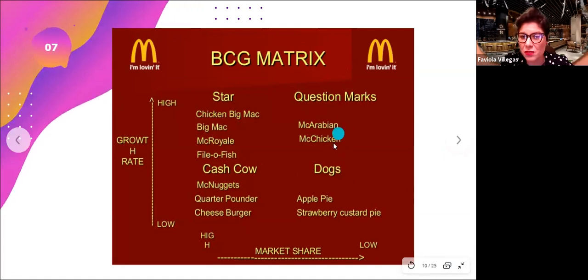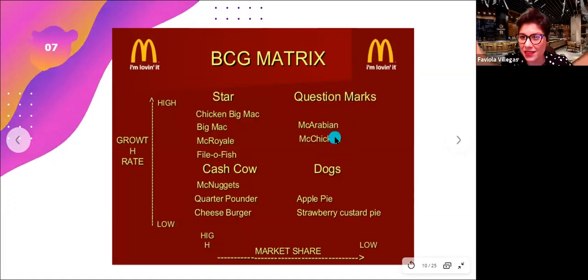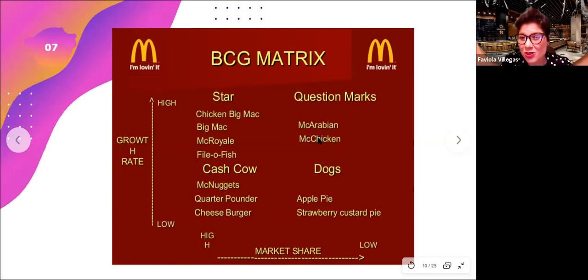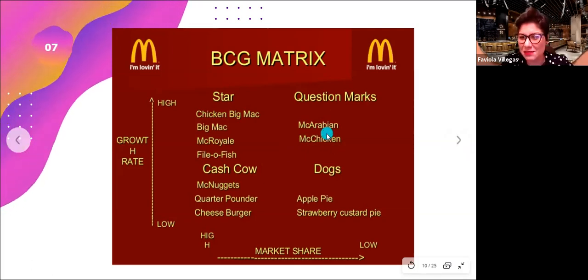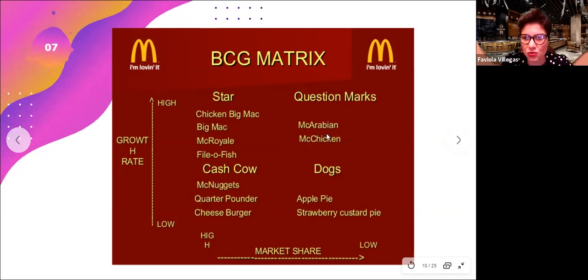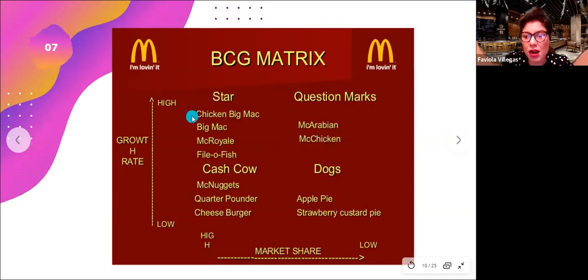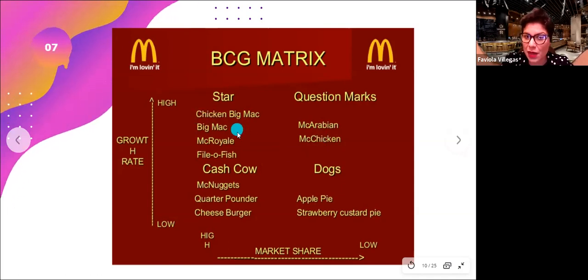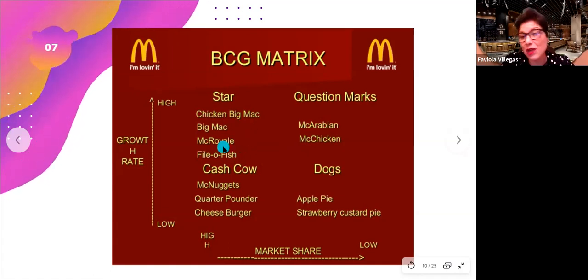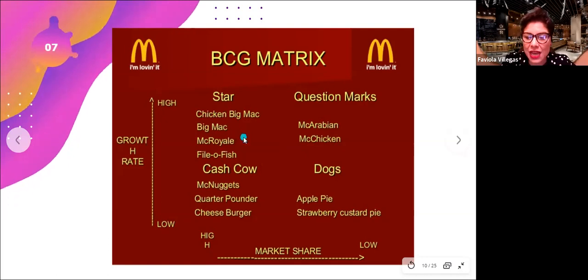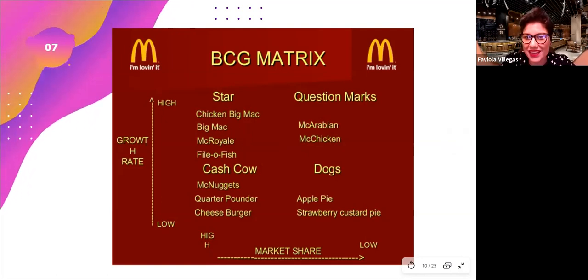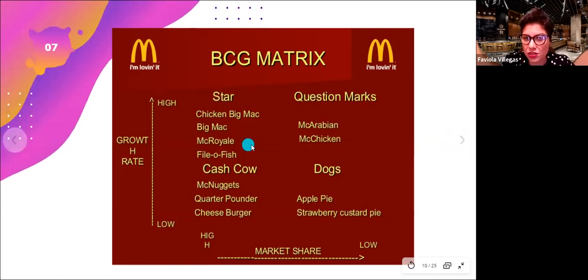So question marks, Arabian McChicken. They are trying to launch those products in many countries, but McArabian is not that tasty for many consumers. So stars are chicken Big Mac, McRoyal, Filet-O-Fish, and cash cows are McNuggets, Quarter Pounder, and cheeseburgers.